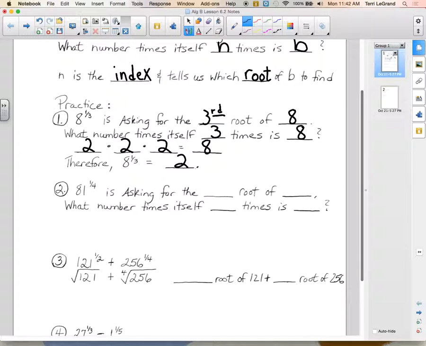Then put in a parenthesis, 1 divided by 3, that's what the fraction 1/3 is. Close your parenthesis, press enter or whatever you do to evaluate. Okay, and then what do you get? 2. Okay, so 8 to the 1/3 power is 2. It's asking you what number times itself 3 times gives you 8. Okay?